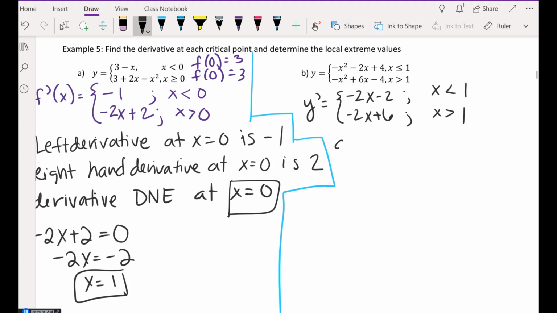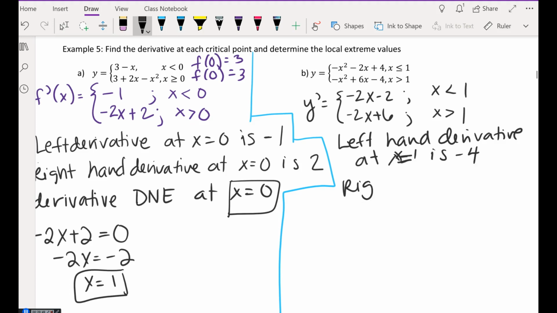By the way, what was the left-hand derivative at x equals 1? You said negative 4?